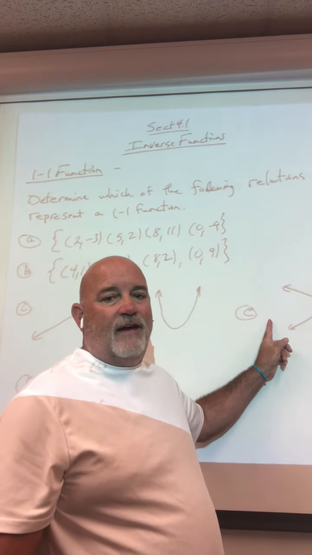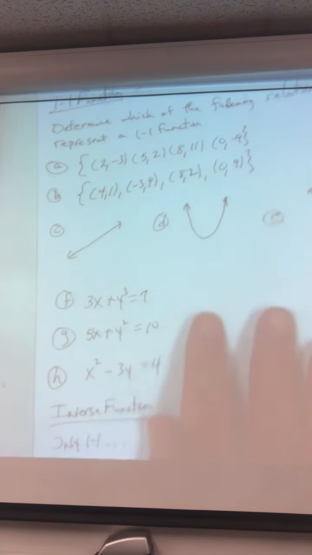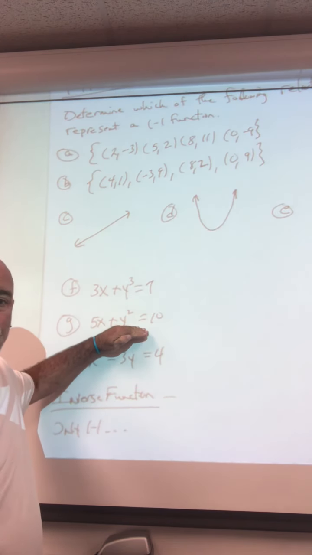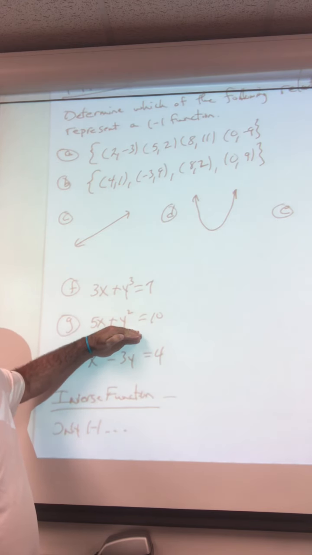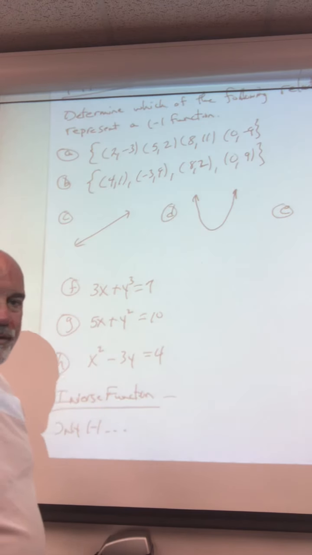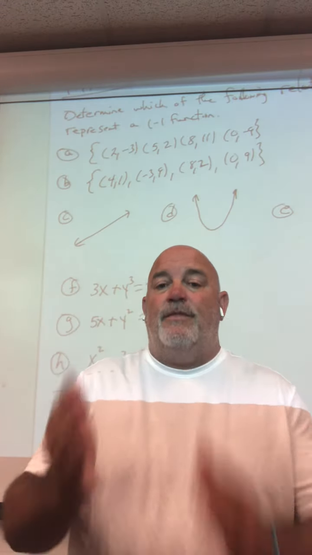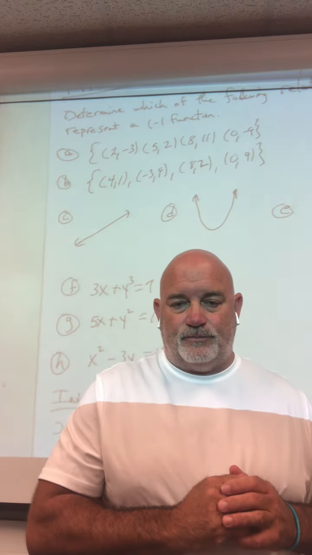This one would not have an inverse function. This one was no, because it wasn't even a function. So that one would not have an inverse function. This one would not have an inverse function. So let me state it again. Only a function that is one-to-one will have an inverse function.